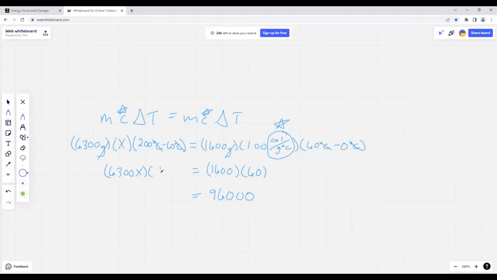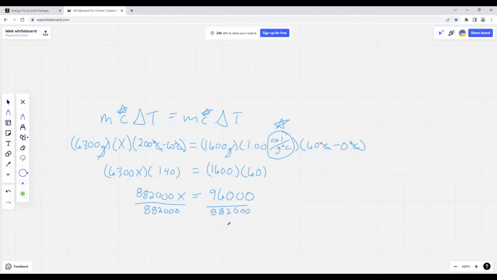Then 200 minus 60 is going to be 140. Then if we multiply those together, we're going to have 882,000 times that x that we still don't know. Then from here, if we want to solve for x, we want to divide by that number to make it go away.